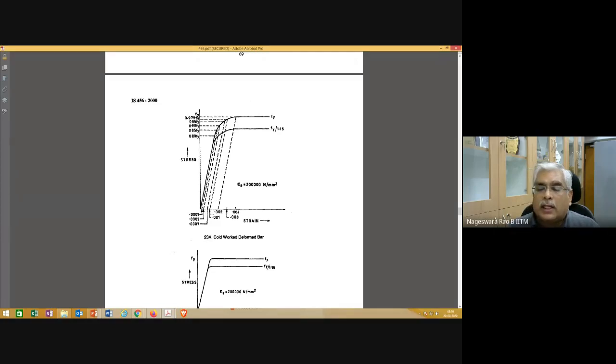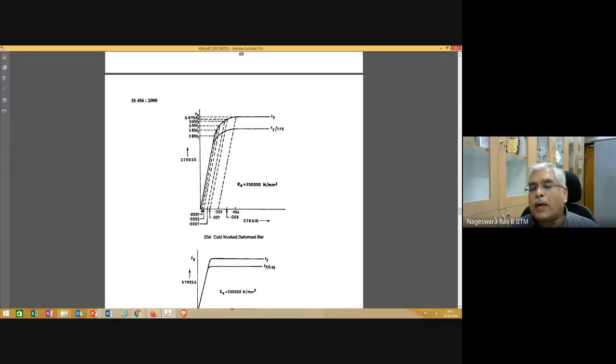You just recall the definition of proof stress. Proof stress is the stress corresponding to 0.2% extension. So this is the initial line, or the linear portion of the stress strain curve, and parallel to that you draw a line starting at 0.2% strain value, that is 0.002.